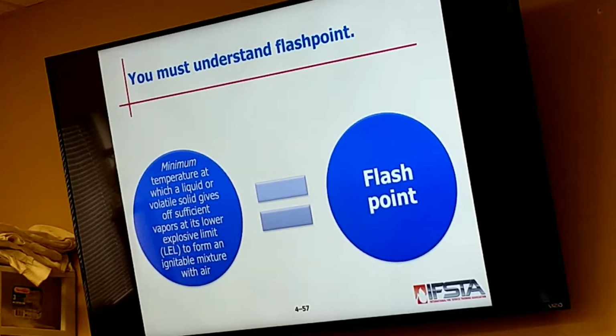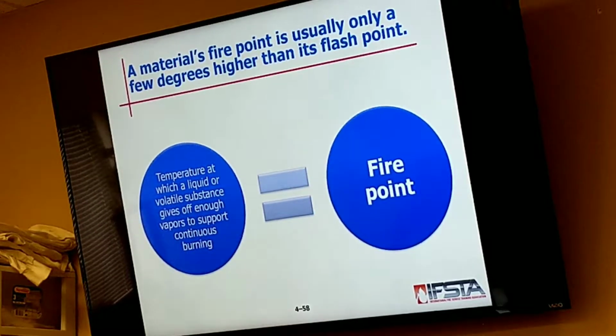Don't confuse flash point with fire point. Fire point is a temperature at which a liquid or volatile substance gives off enough vapors to support continuous burning. Okay?